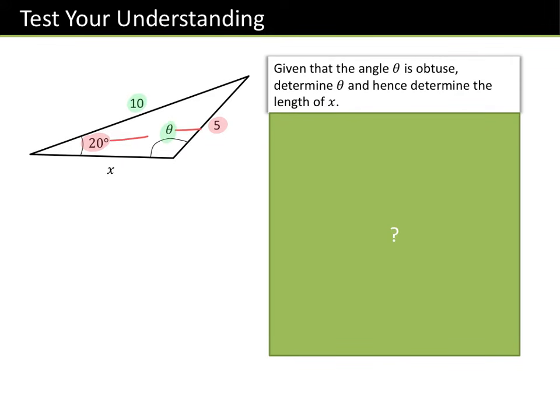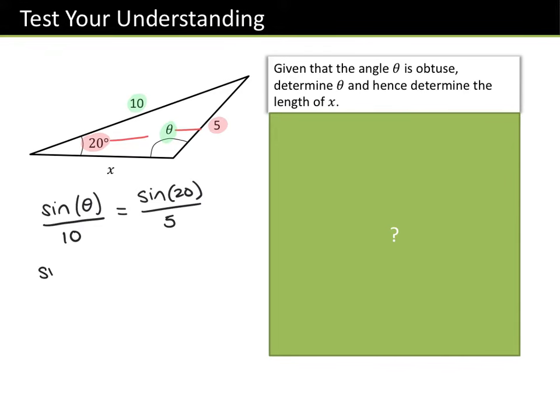And I want to find the angle, so I'm going to put that as my numerator. So I'm going to get sine of my angle theta divided by 10 equals sine of 20 over 5. Okay?